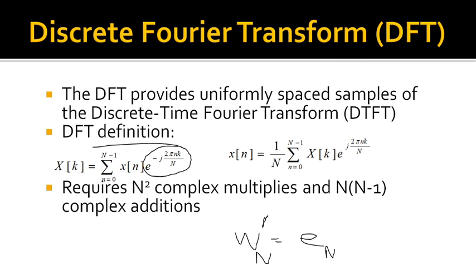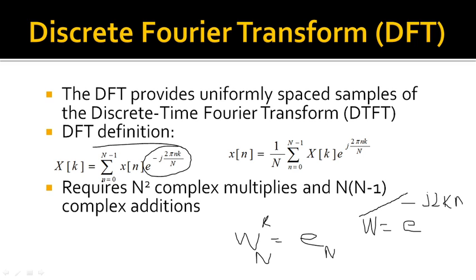We rewrite this particular value of e raised to this exponent, and this is called the twiddle factor. Let me tell you how we use it. So W N raised to k is equal to e raised to minus j 2 pi k over N.